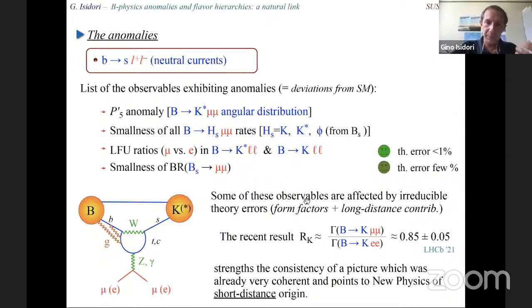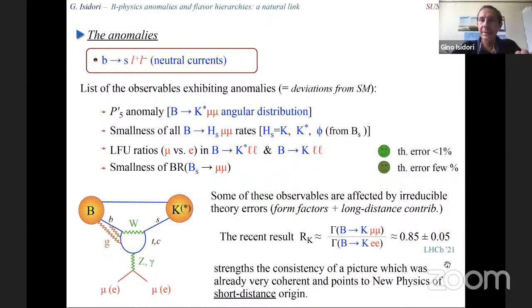As I said, some of these observables are affected by long distance effects, others not. And why are we all excited? I was excited already for several years, but recently there has been more excitement because of a new result that strengthened the significance in this ratio RK, which alone is a 3 sigma effect.